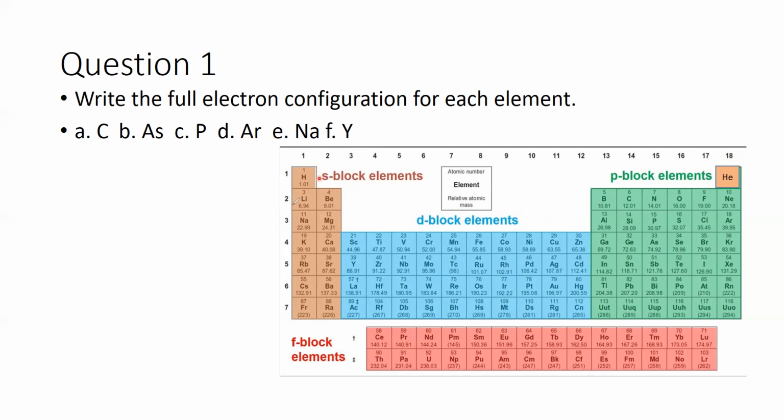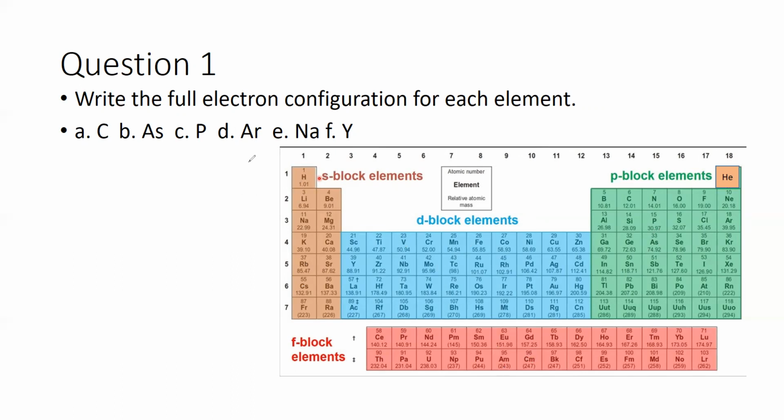This brown is the s block elements, the s orbital elements. Helium's part of that, so that's why helium is colored that brown color. The green is your p orbital elements. Blue is your d orbital, and down here are your f orbital elements.